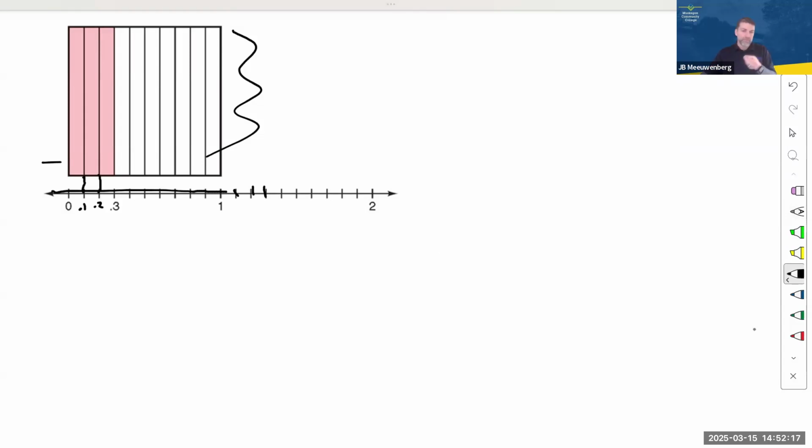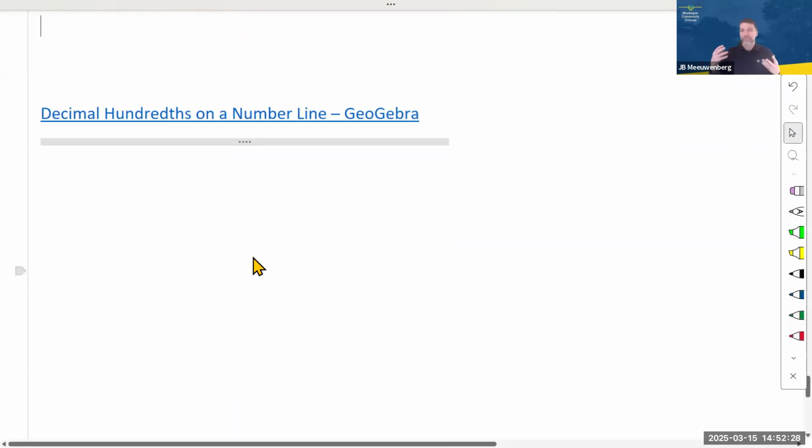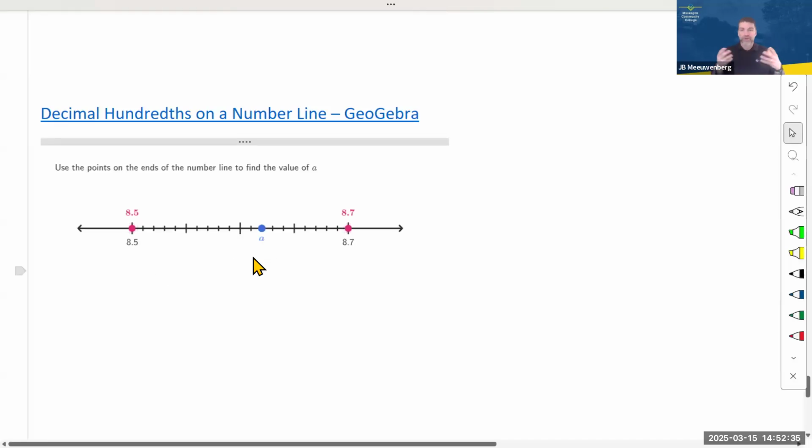And so before we do our next little activity, I'll also show you a GeoGebra link here that again is in your Blackboard shell that helps you if you want to play around with this, just make some sense and being able to visualize where numbers belong on a number line.